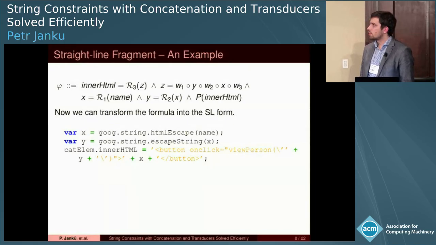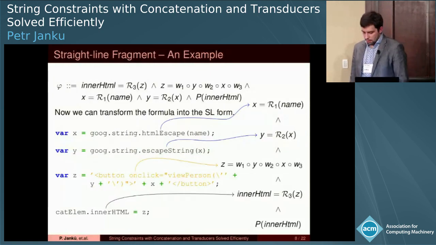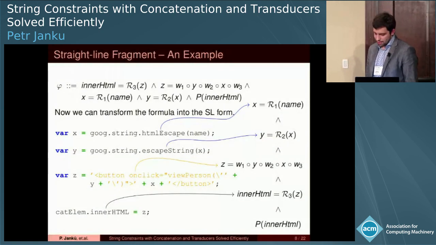Now we can transform the formula into SL form. This definition of straight line really corresponds to sequences of program assignments. As we can see, constraints are ordered according to program order. Each variable is defined before it is used, and each variable is defined only once.